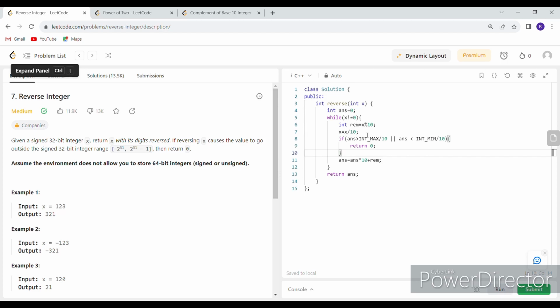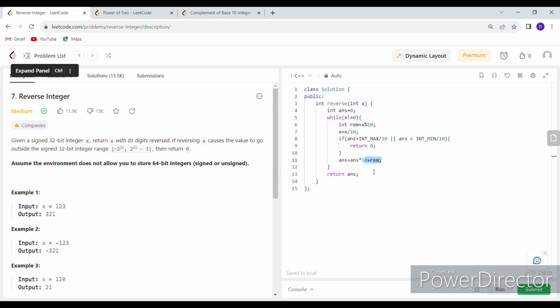Okay, so after I got the remainder, whichever was my previous answer, I need that answer with me, multiply it by 10 and add the latest last digit. So if the integer is 123, and the latest last digit which I got is 3.